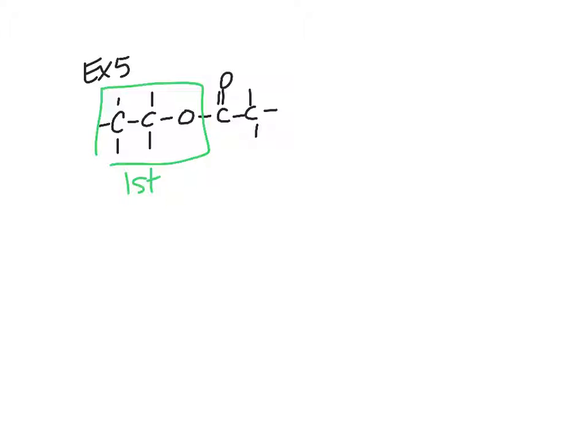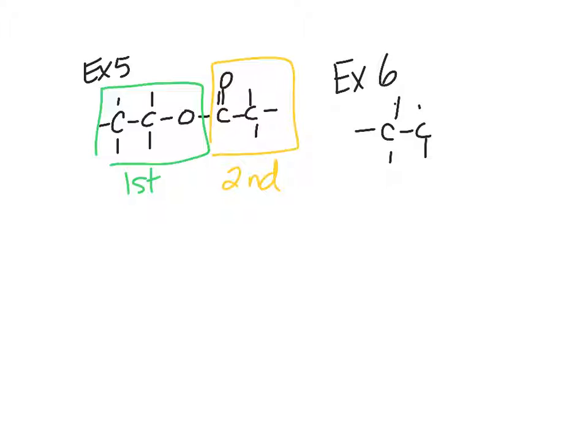The alcohol, this is the second part of the name. Ethyl methanoate. Ethyl comes from the alcohol, so again, it's the part with the single bonded O, and then methanoate, that's the carbon part with the double bonded O.